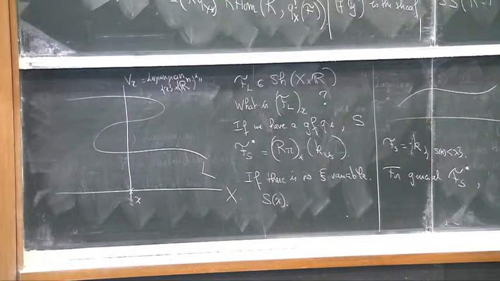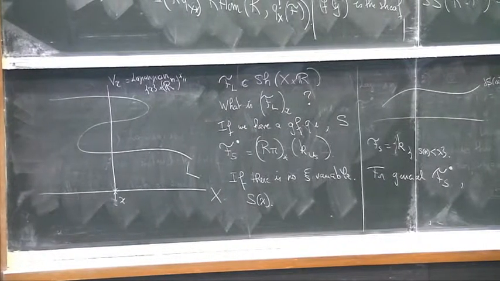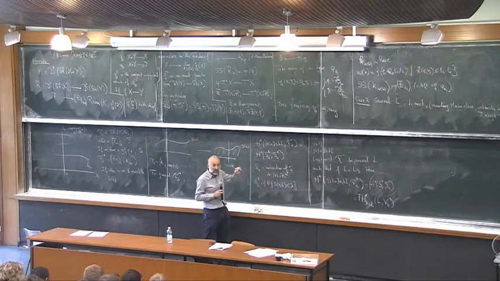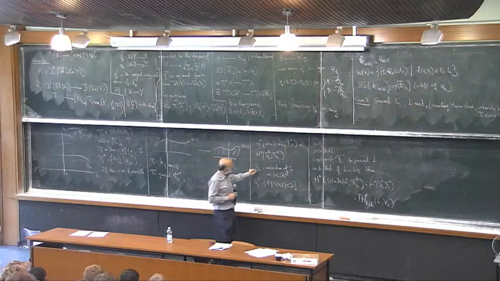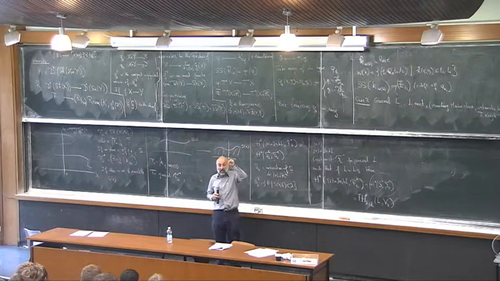And why should it be the same as here? Well, because if you're looking at the critical points of the function S_x, you see that they're going to be exactly the points where ∂S/∂ξ is 0. And the points where ∂S/∂ξ is 0 are exactly, for x fixed, the points of L which are above the point x.